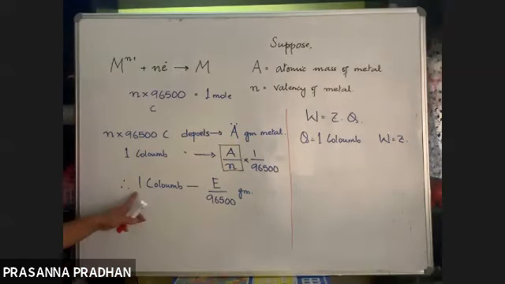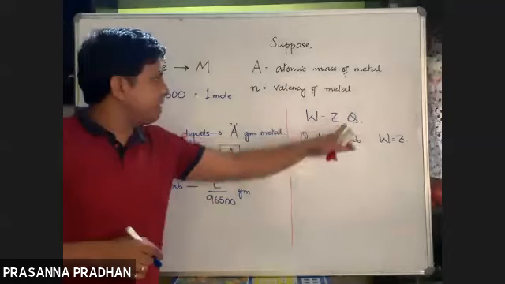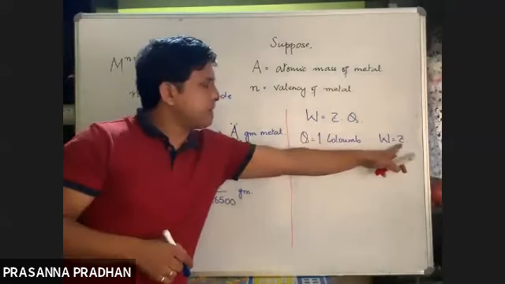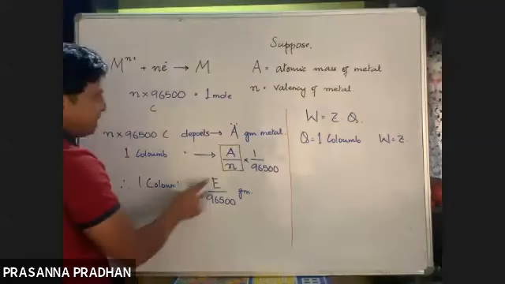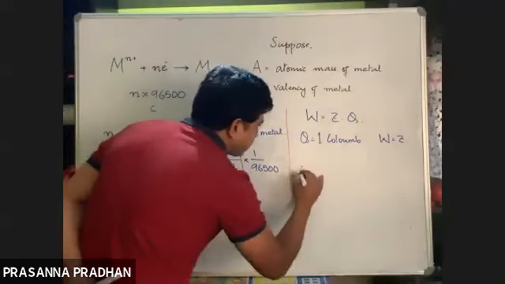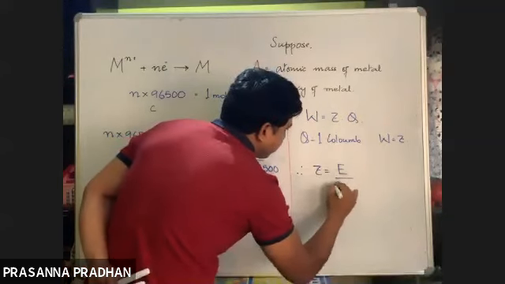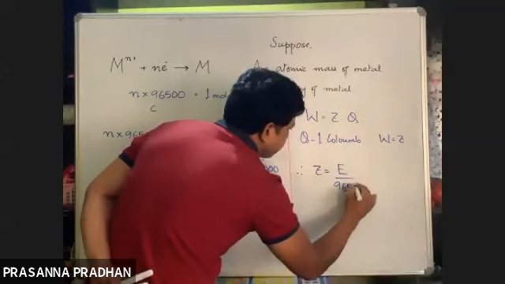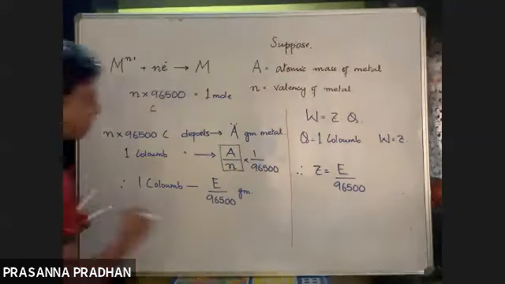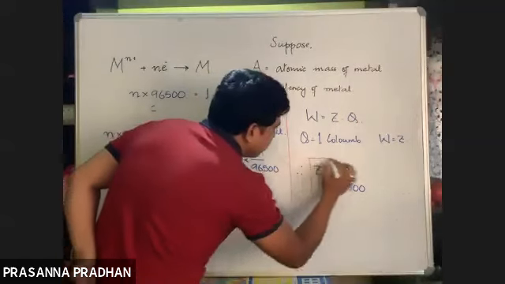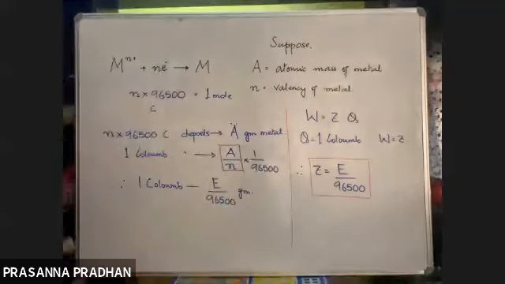Therefore, on comparing these two relationships, Z will be equal to E by 96500. So this is another important relationship which can be derived from Faraday's first law.